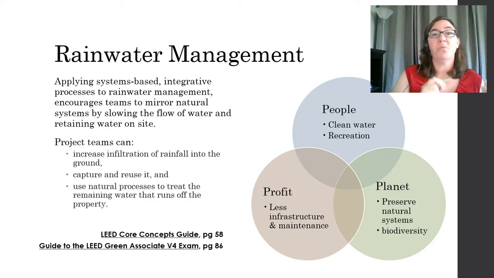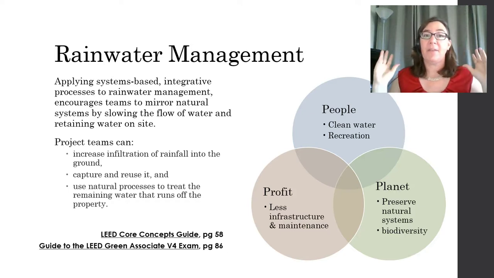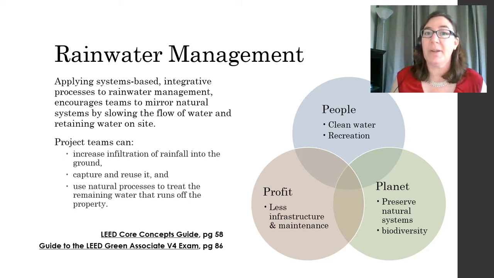So tying rainwater management strategies to our triple bottom line, the benefit to the people in the community is the clean water that you provide, and also the opportunity for recreation. The benefits to the planet include preserving the natural systems and increasing biodiversity.